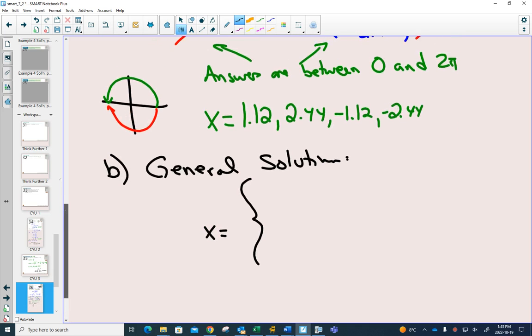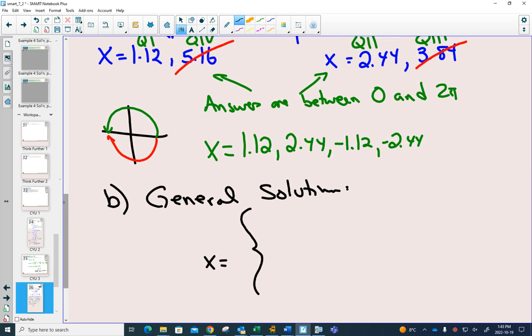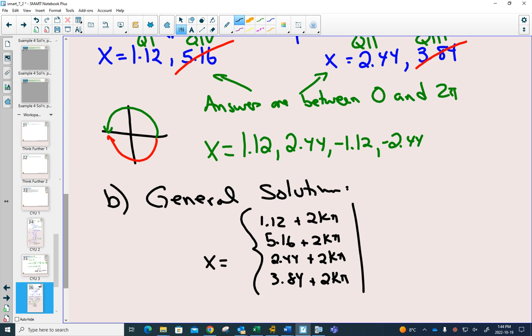I would use the 1.12, the 5.16, the 2.44, and the 3.84 that we found. You add 2k pi to each of them. We can define k to be an integer to solve completely.